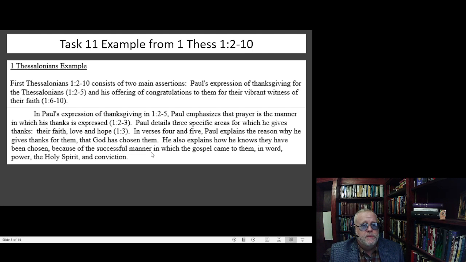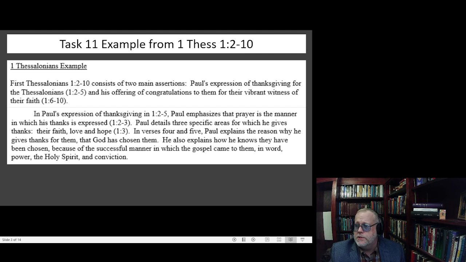And notice that we have the verses broken down to match each of those main clauses. So 2 through 5 is the group of verses headed by that independent clause, and then 6 to 10 are headed by the second independent clause. So 2 independent clauses.